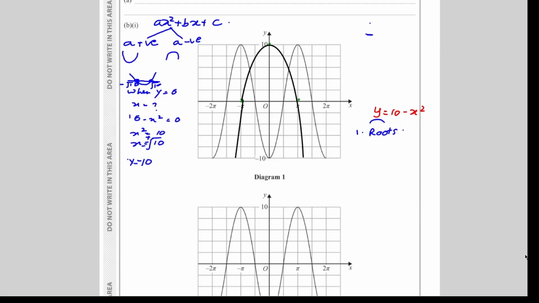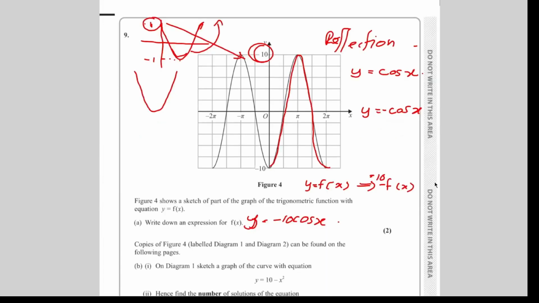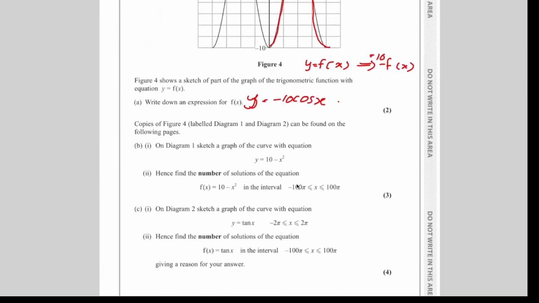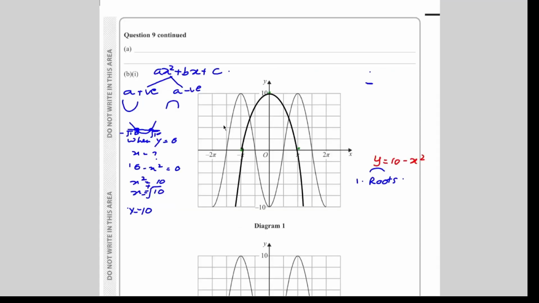That is part A. Now let's move on to part B. Hence, find the number of solutions of the equation 10 minus x squared. The number of solutions means the number of intersecting points: 1, 2. There are two intersecting points.